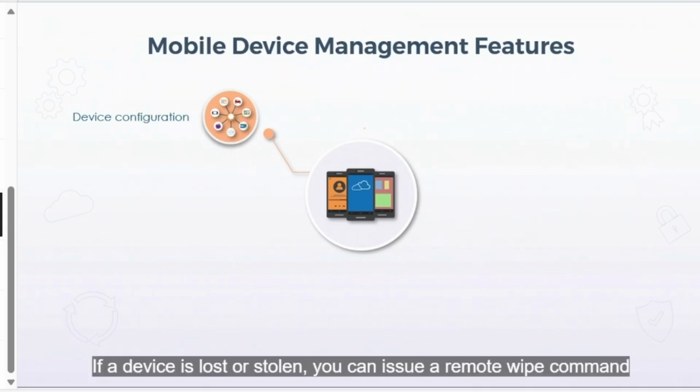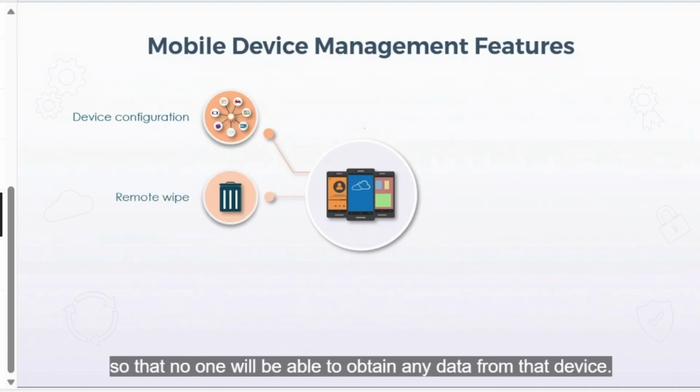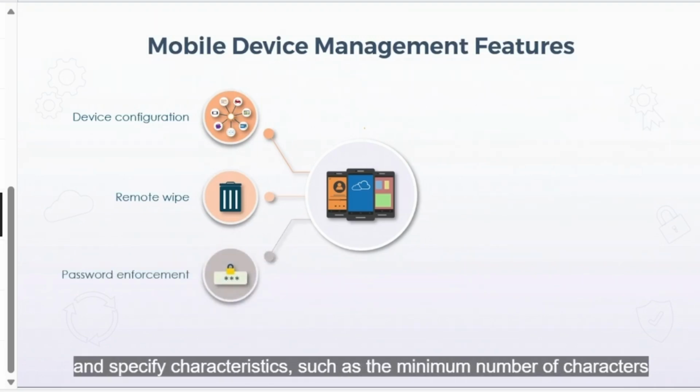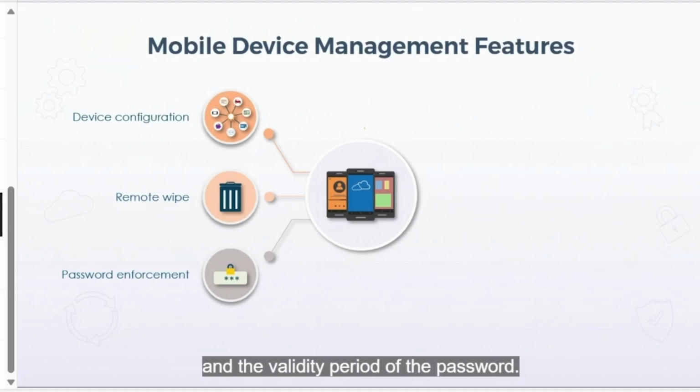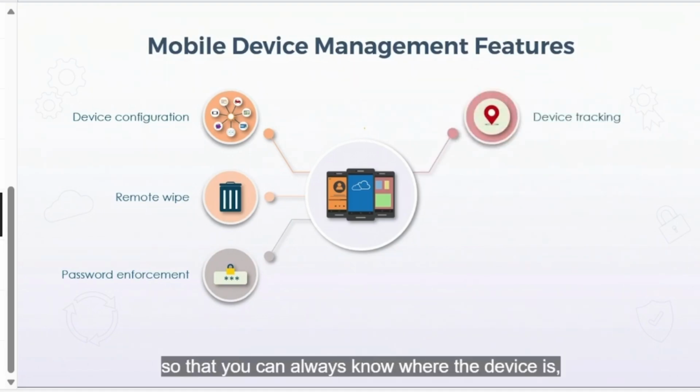If a device is lost or stolen, you can issue a remote wipe command so that no one will be able to obtain any data from that device. You can enforce the use of passwords on the devices you support and specify characteristics such as the minimum number of characters and the validity period of the password. You can enable device tracking so that you can always know where the device is, which of course could be very useful if the device was lost.